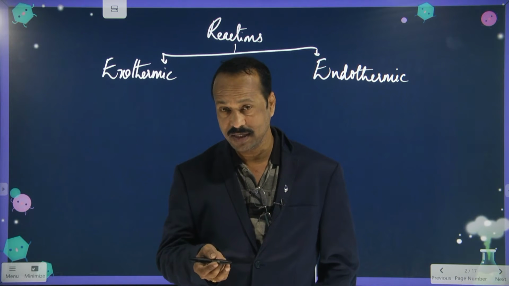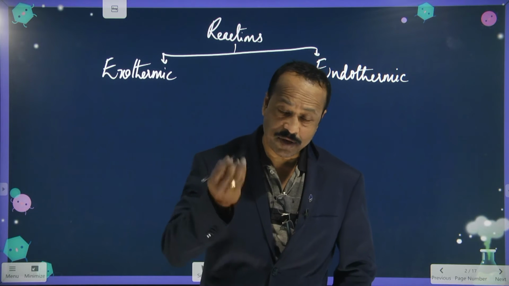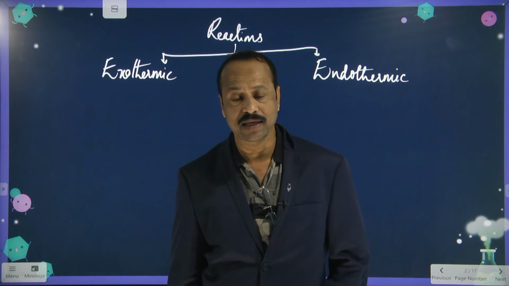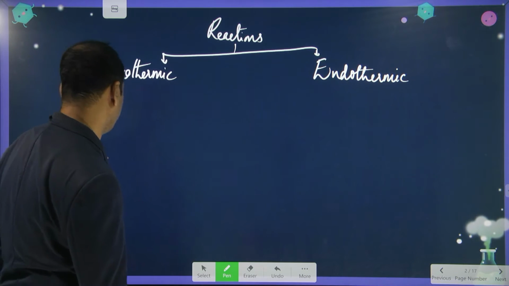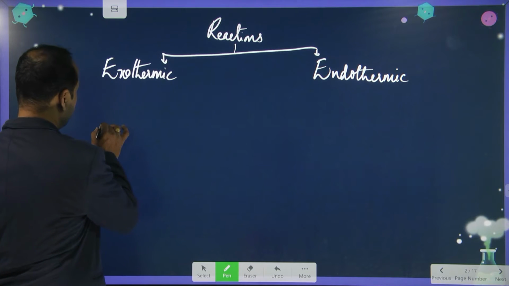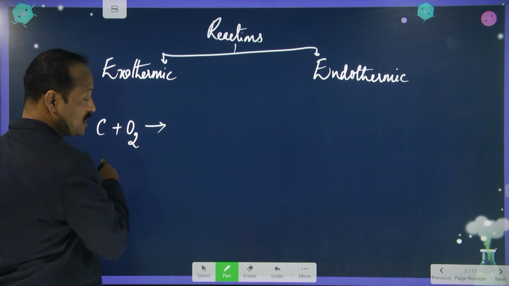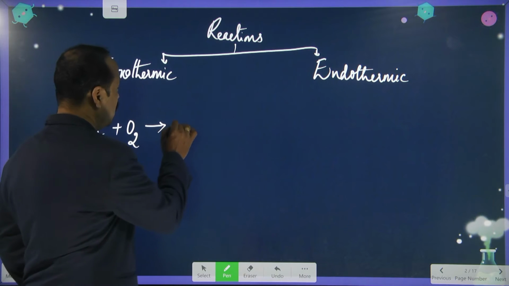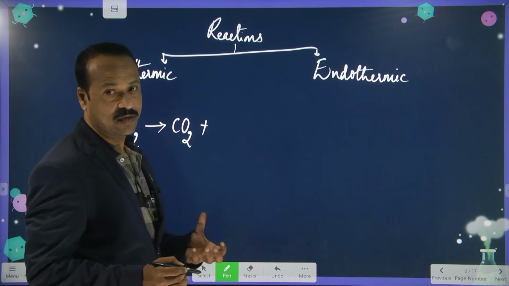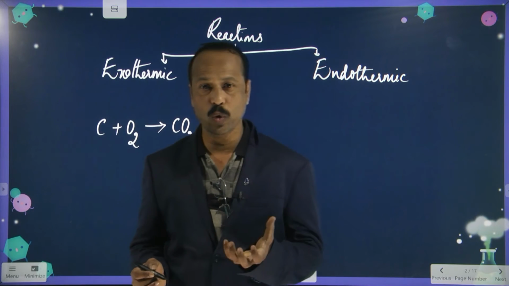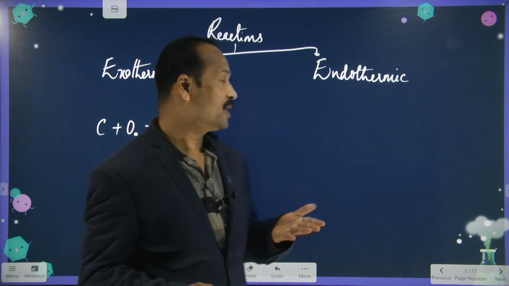For example, if you burn carbon, like coal, with oxygen, it forms carbon dioxide and at the same time we get heat.